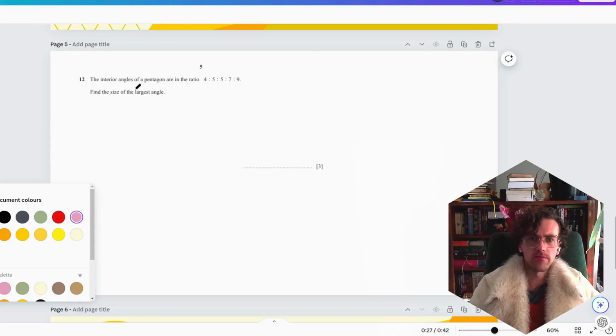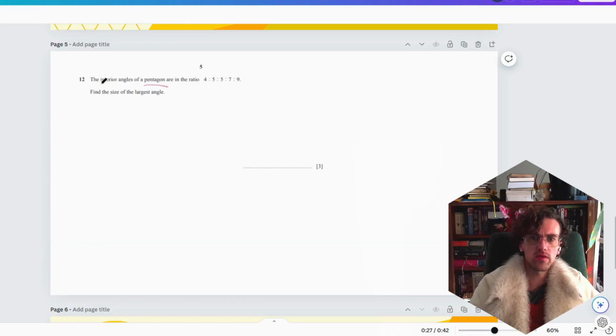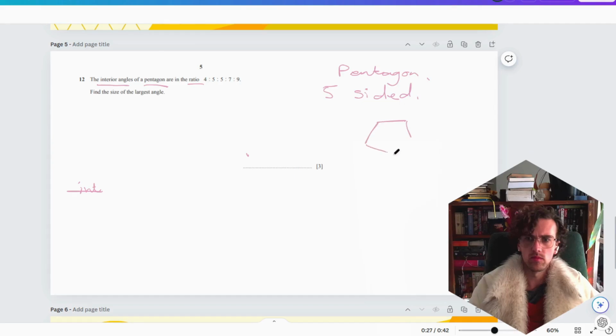Let's break it down. We've got the pentagon, we've got interior angles, and we've got ratio. Okay, what are interior angles? Well, let's start with what is a pentagon? Okay, so five sides.